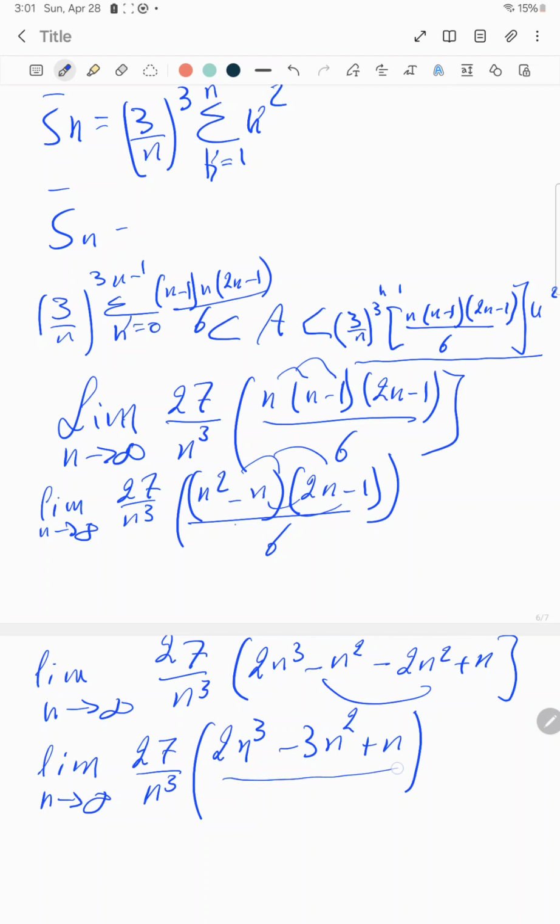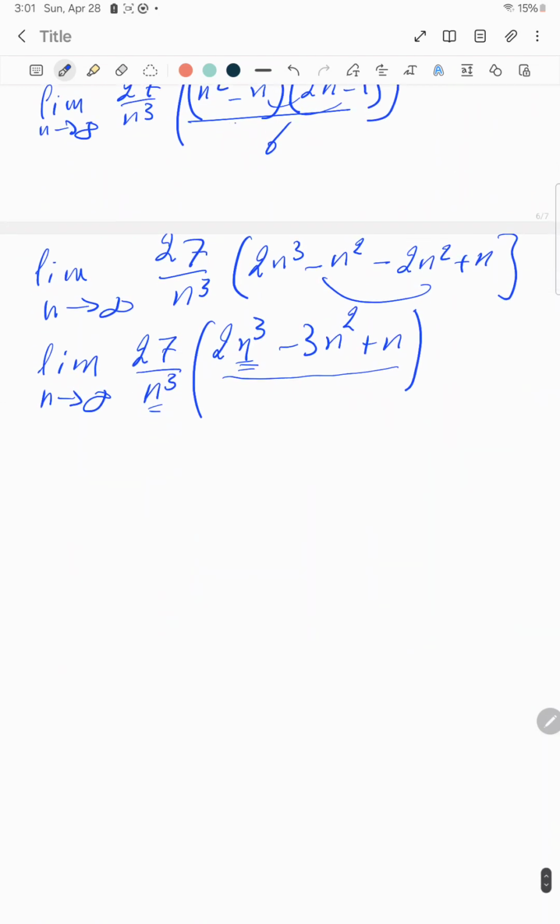And here inside the parentheses I want to factor out n3 to be able to take it out with this. So it is the limit when n goes to infinity of 27 divided by n3, and here I want to factor out n3.